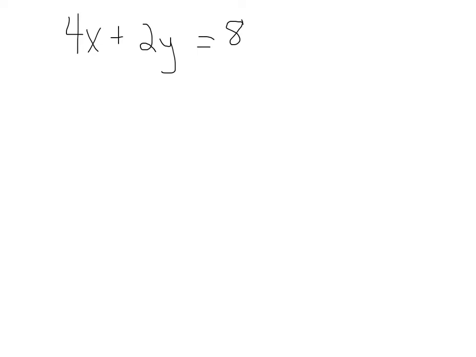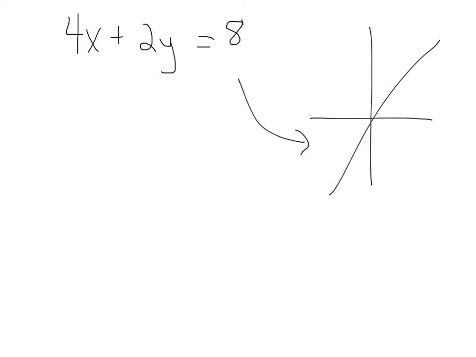You can, if you wanted to, graph this thing and figure out where your graph crosses the x-axis and where it crosses the y-axis. Or you can do it algebraically. If you wanted to do it graphically, you'd have to solve for y first, figure out what's happening to y, and then undo it with inverse operations on both sides.